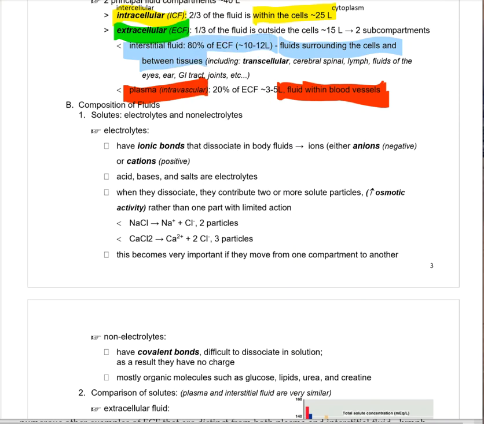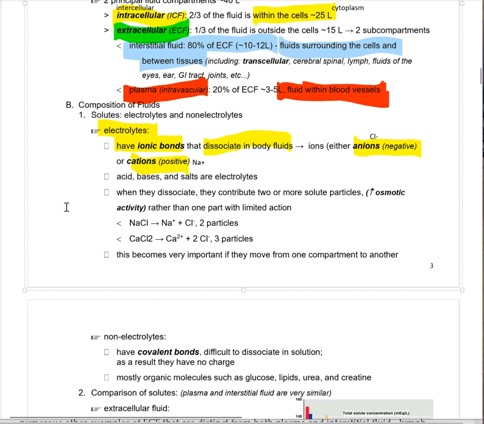So electrolytes have ionic bonds that dissociate in body fluids, and the ions are either negative anions or positive cations. If we think of a negative anion, we might think of a chloride ion, right? If we want to think of a positive cation, we might think of a sodium ion.